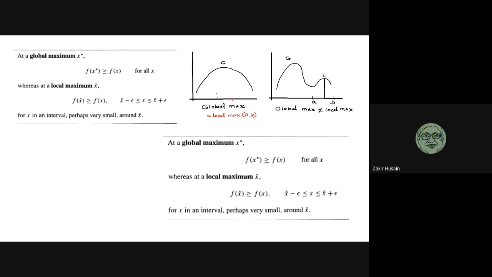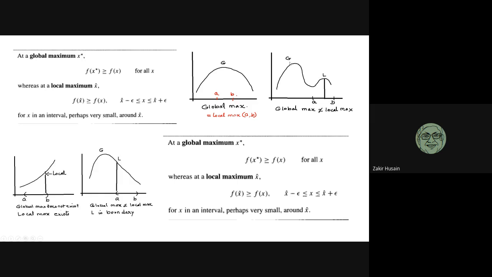If I consider the range AB, over here we can see that this is the local maximum, but this is the global maximum. Here we have a global maximum. We also have a local maximum, but this is at the boundary. Over here, we only have a local maximum. The global maximum does not exist.